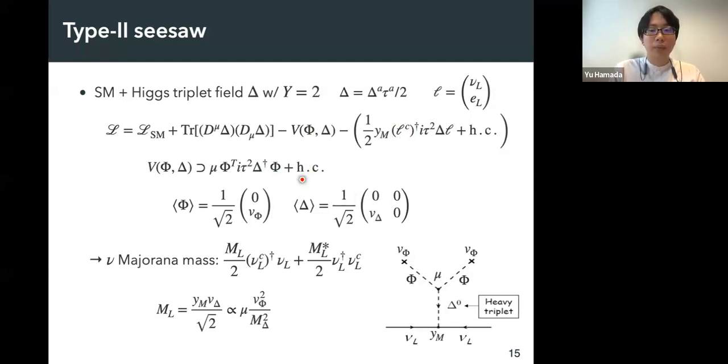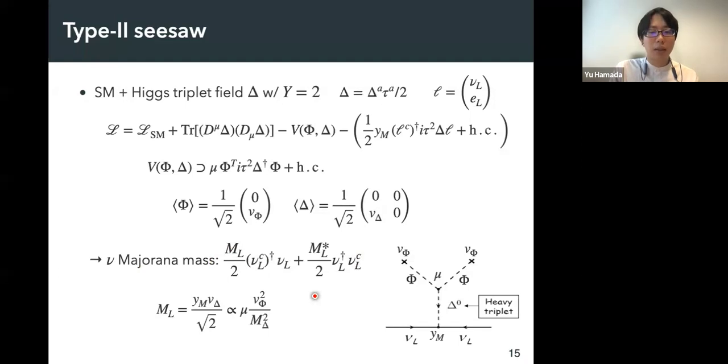In the broken phase, the standard model Higgs has the usual vacuum expectation value. On the other hand, this delta also gets a non-zero vacuum expectation value on this component. And this gives a neutrino Majorana mass to the left-handed neutrino like this.